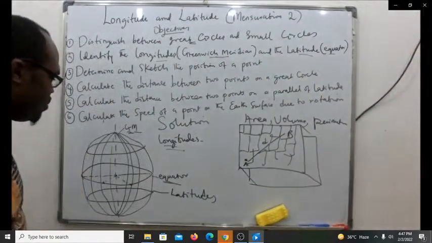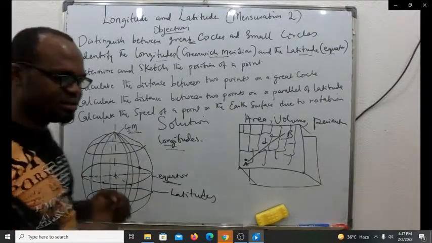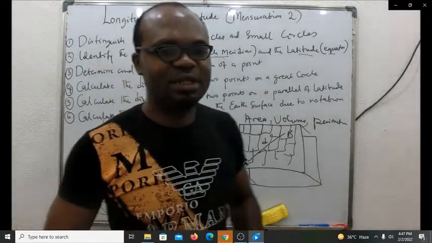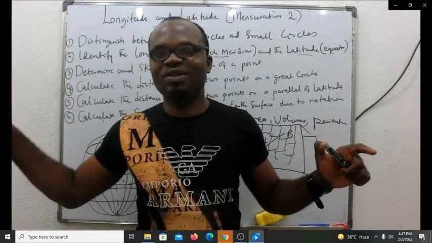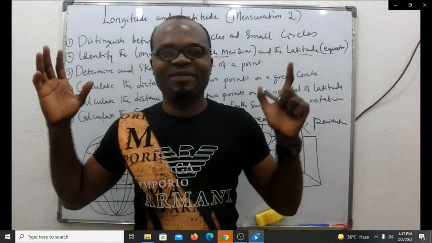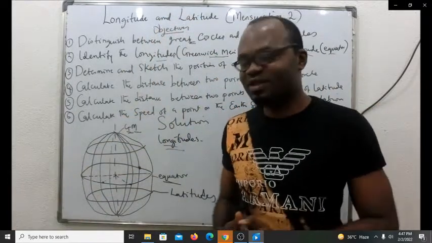Now, if you have a point on the Earth's surface, if you want to calculate distances on the Earth's surface, like distance from one point on Earth to the other, distance from Nigeria to Canada, knowledge of longitude and latitude can actually help you.